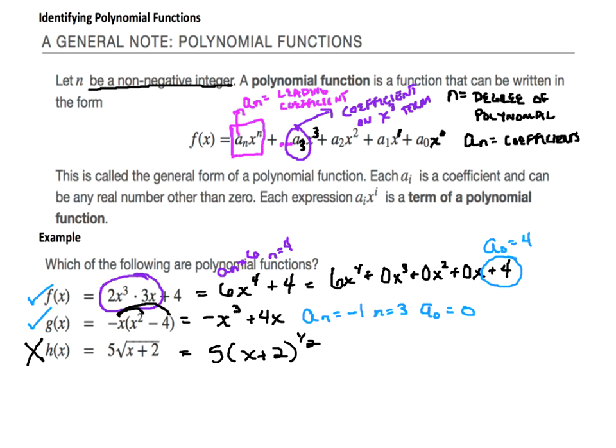You see here, n has to be a non-negative integer to be considered a polynomial function. Now, it is a power function, but it's not a polynomial function. This is the same idea that functions are subcategories of relations. So polynomial functions are a subcategory of power functions.